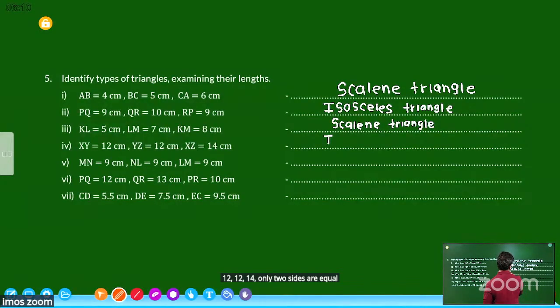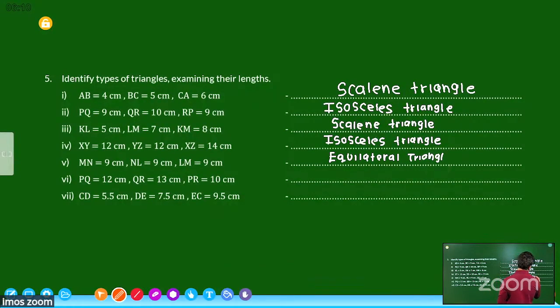Because of that, it is an isosceles triangle. 9, 9, 9, that is an equilateral triangle. 12, 13, 10, scalene triangle. 5.5, 7.5, 9.5, scalene triangle.